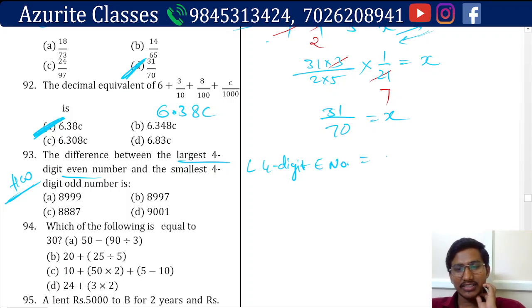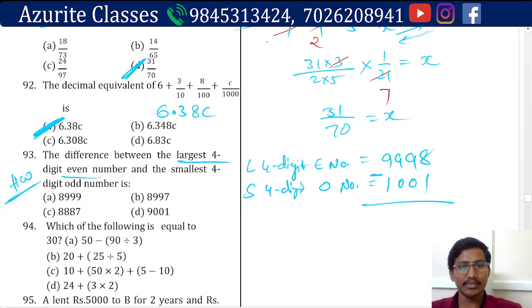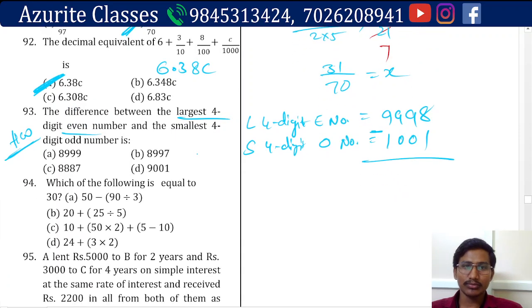That is 9998, and at the end it should be 8, not 9, otherwise it will be an odd number. The smallest 4-digit odd number: smallest will be 1000, but if you take 0 at the end, that is even, not odd. So 1 we have to take, and then subtract. They are asking the difference, subtract it, you will get the answer, and comment the answer. So 93 is homework for you.